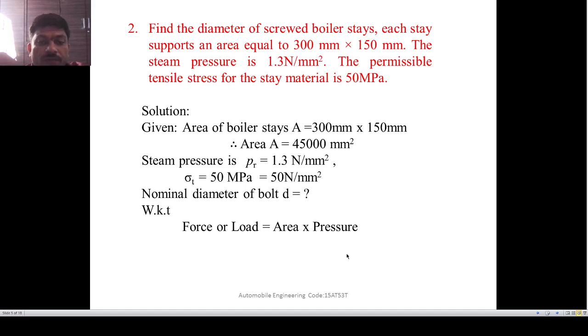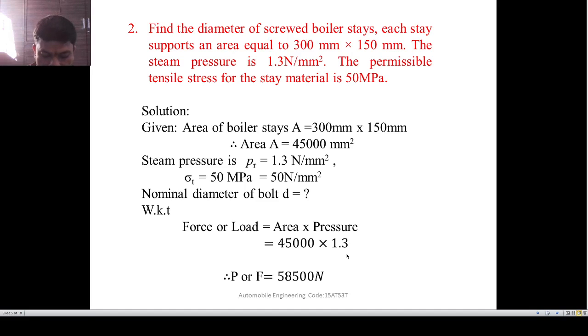Now substitute the values: area is 45,000 mm square and pressure is 1.3 Newton per mm square. 45,000 into 1.3 gives 58,500 Newton load acting on the boiler stay.